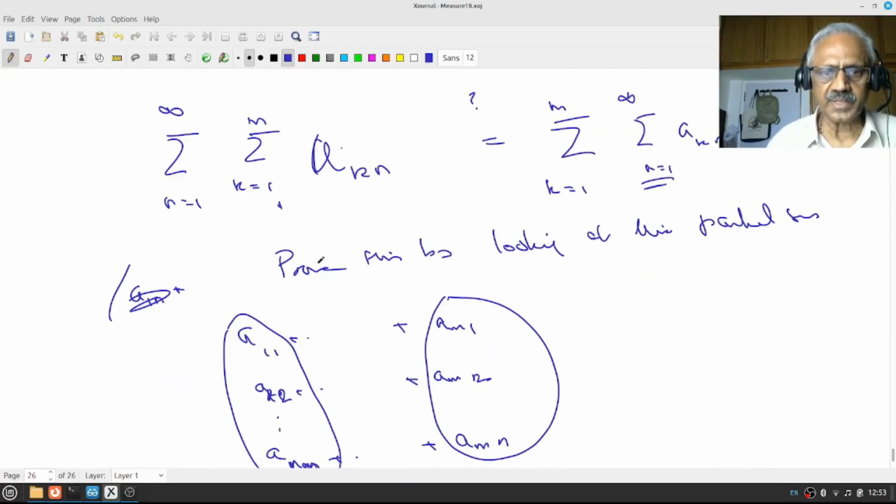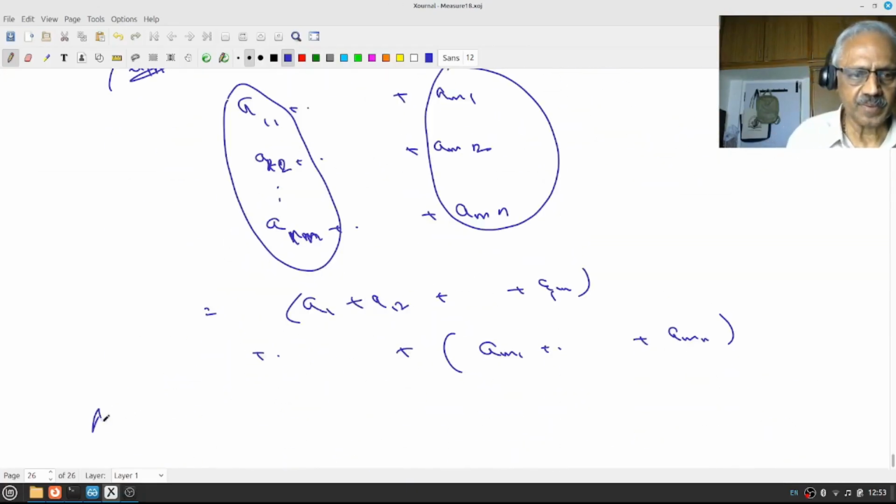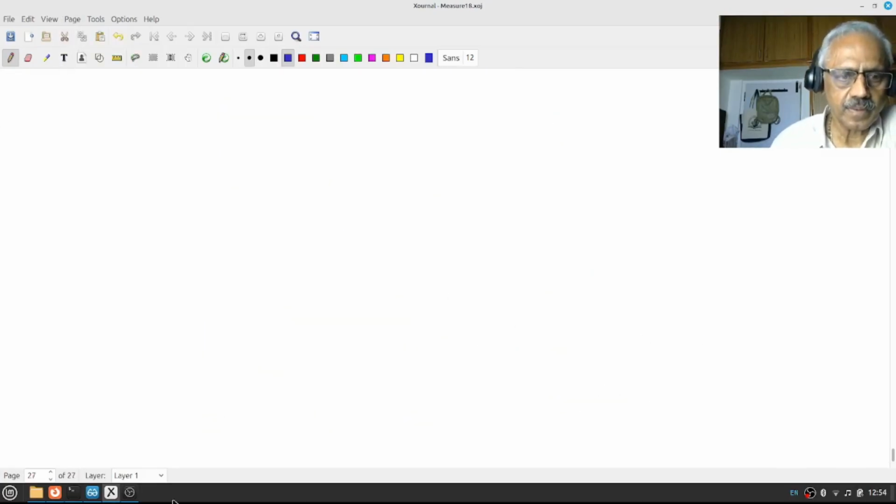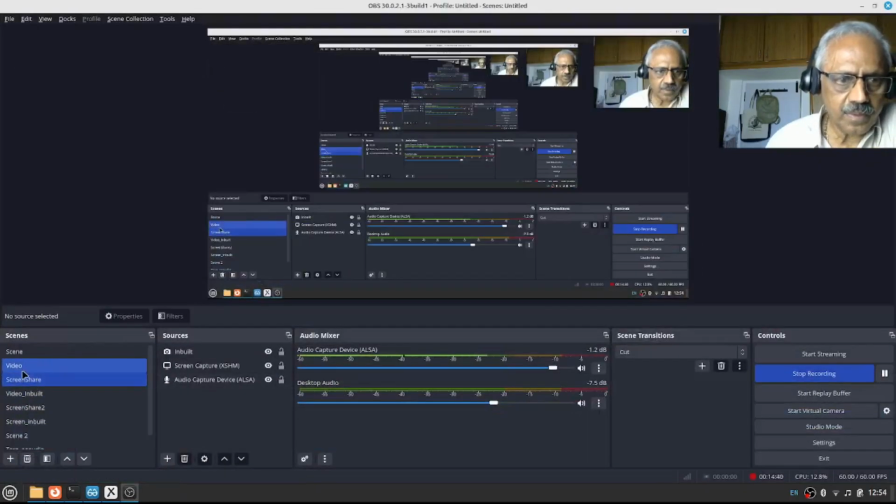So letting n tend to infinity, the result follows. If you find this a little more confusing, stick to only 2. It's important to understand this case. After that, the general case will follow easily.